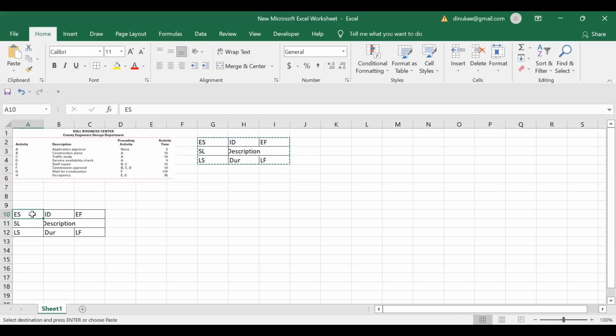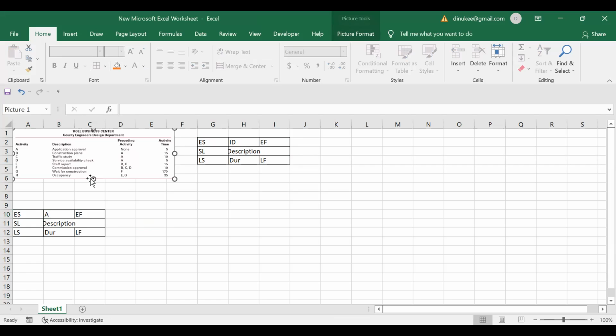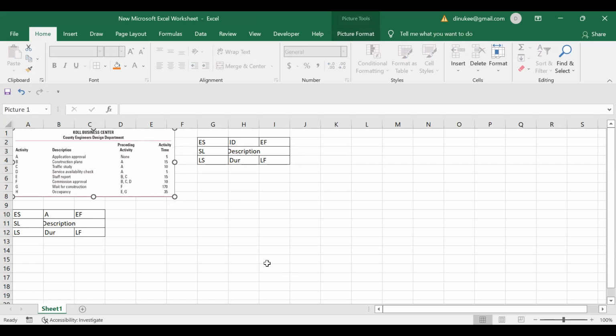Right, for the activity A, now we are going to do. For the activity A, the ID is A. So can you see the example? Is it smaller? The example, can you see that?